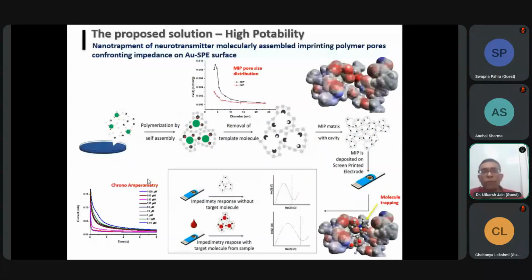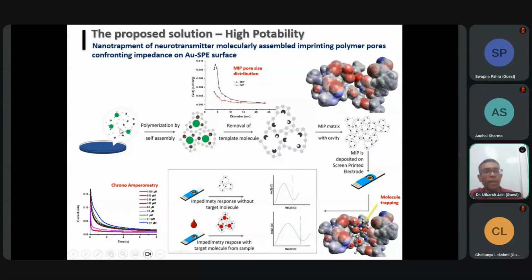So how do we develop this kind of device? We need to prepare a molecularly imprinted polymer. We prepare it by adding a certain composition. It's not very easy, it's a very difficult process, because we need to optimize the well-defined composition of template to monomers to polymerization initiators.